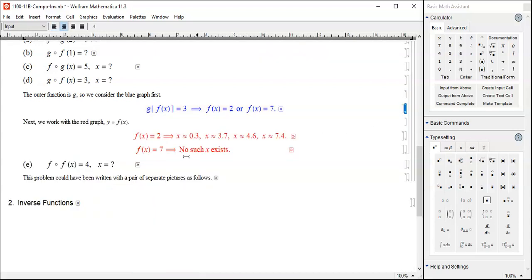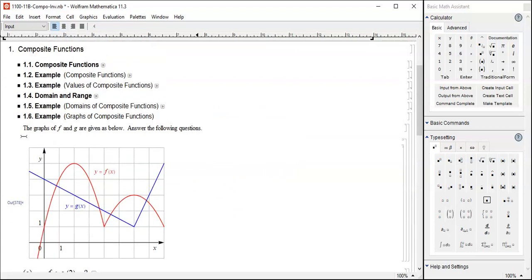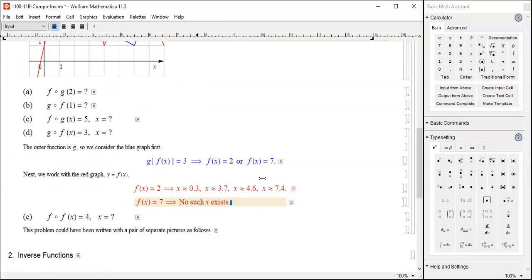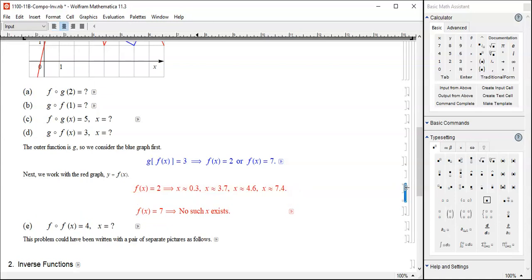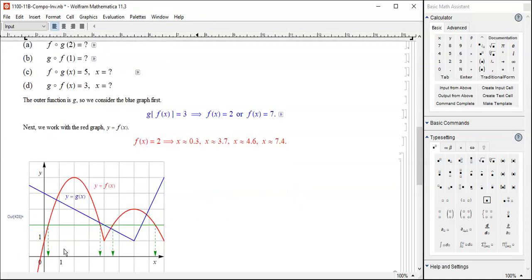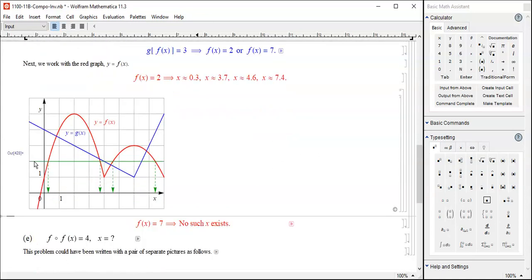Now when f of x is equal to 7, that's not possible because the function value y equals 7 is way up there. But when f of x is equal to 2, there are many, and here are the visualizations. So the function value is 2, so the y-coordinate is 2. And then how many crossings do we have with the red graph? 1, 2, 3, 4.